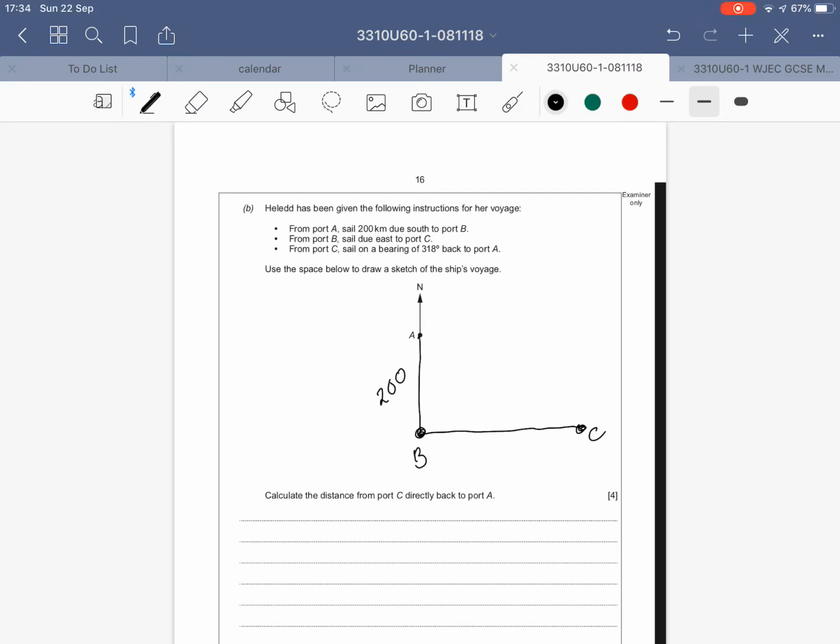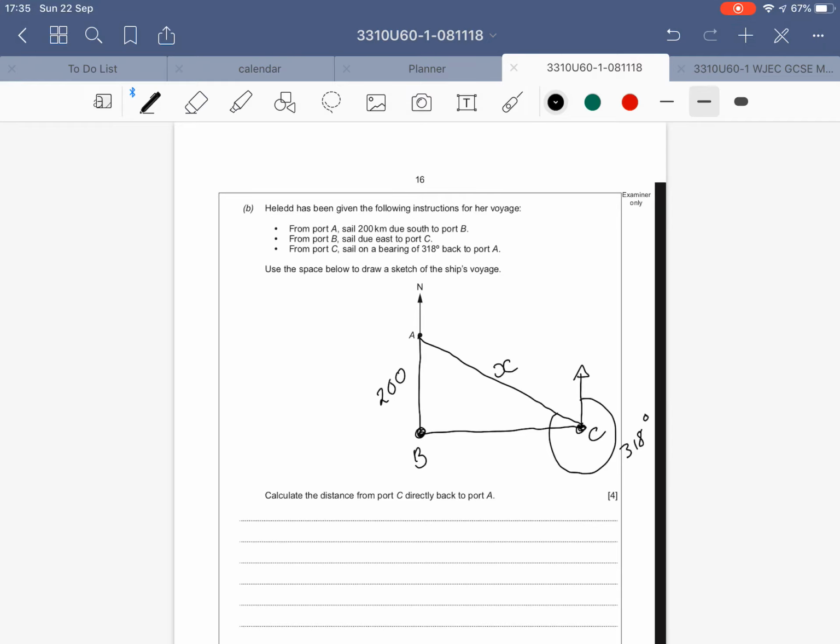From Port C, she sails on a bearing, and bearings are measured from your north line. She's going back to A. So all the way around up until you hit A is 318 degrees. We want to calculate the distance from Port C back to Port A, so we want to calculate that length here. It's another trigonometry question.